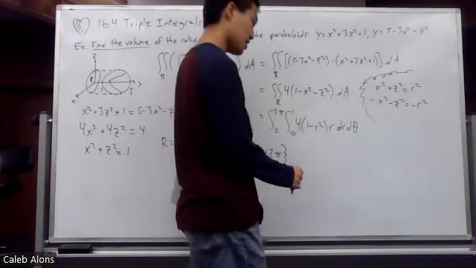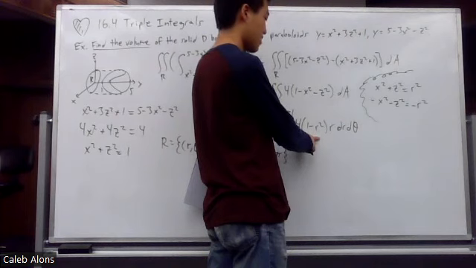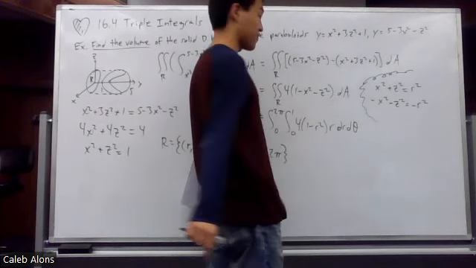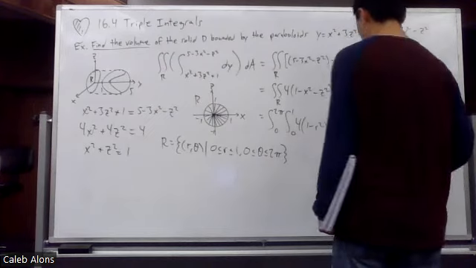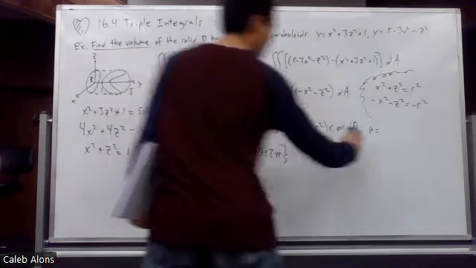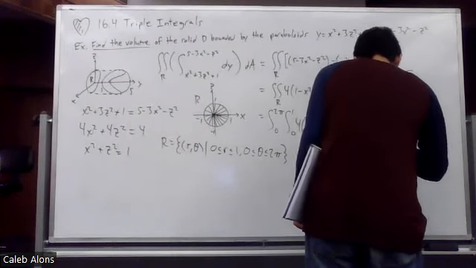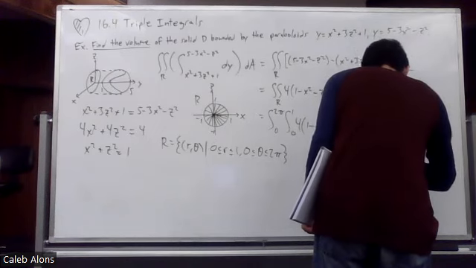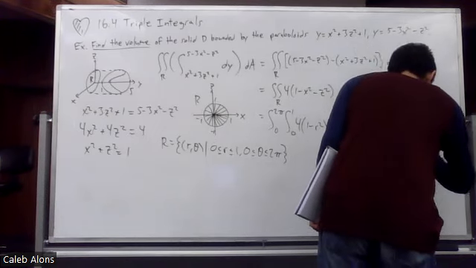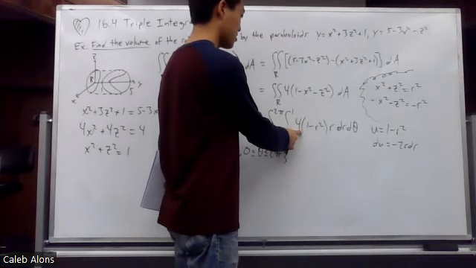Here's an instance where I'd actually say it's faster to not distribute this in, because you've been given a U substitution for free. You could just say that U is, that's the most terrible U I think that you've done. Here's U equals 1 minus R squared, and so then du is just minus 2R dR. But we already have 4, so I would just need to change this to minus 2.